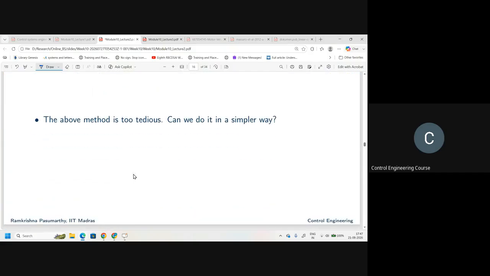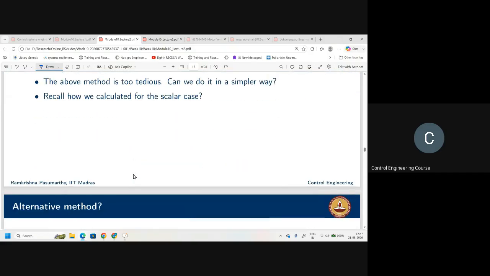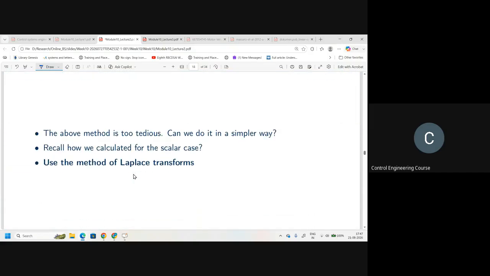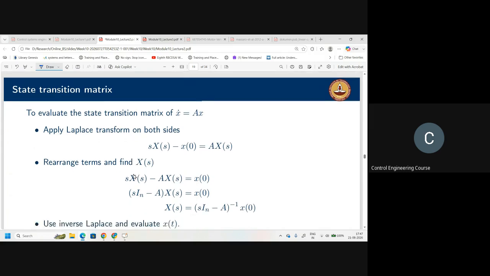In the case of LTI systems, we can use the Laplace transform as a tool to find e power At. If we have x dot equal to Ax, then in the Laplace transform we can write sX(s) minus x(0) equal to AX(s).